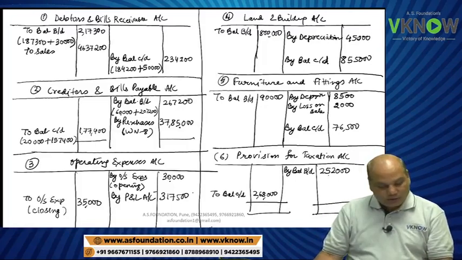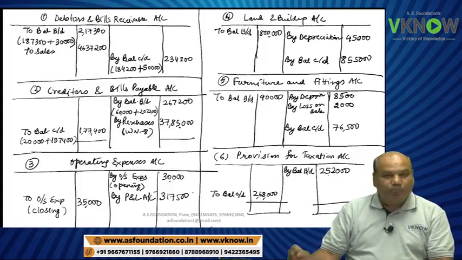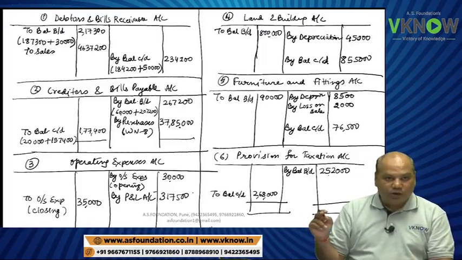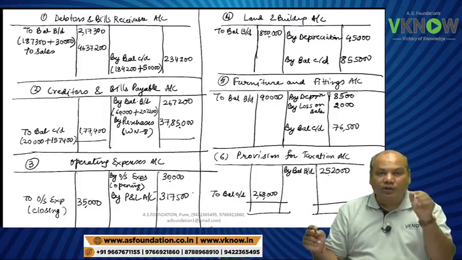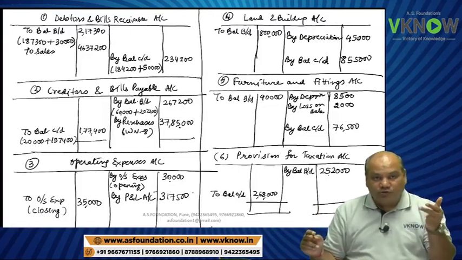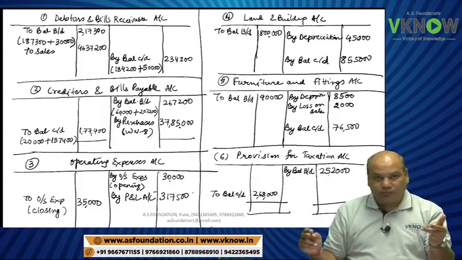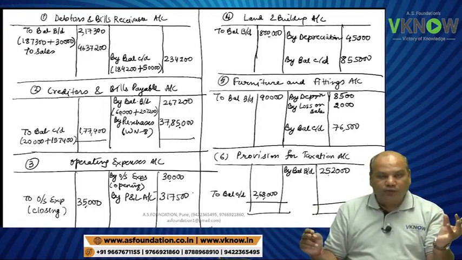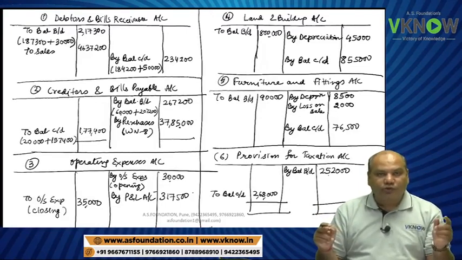Wait a minute. There is a point number B in your question. Book value of the furniture sold was 5,000. Loss is 2,000. Book value 5,000, loss is 2,000.